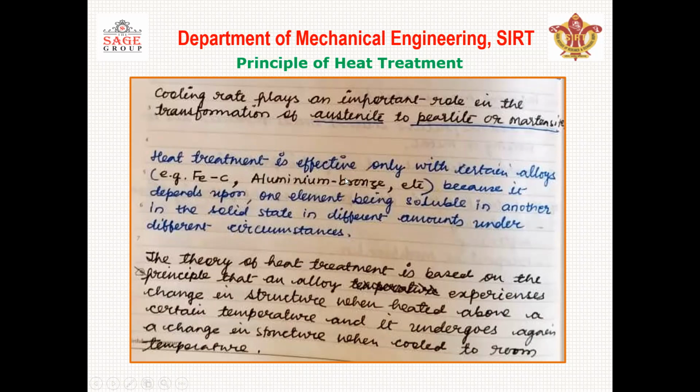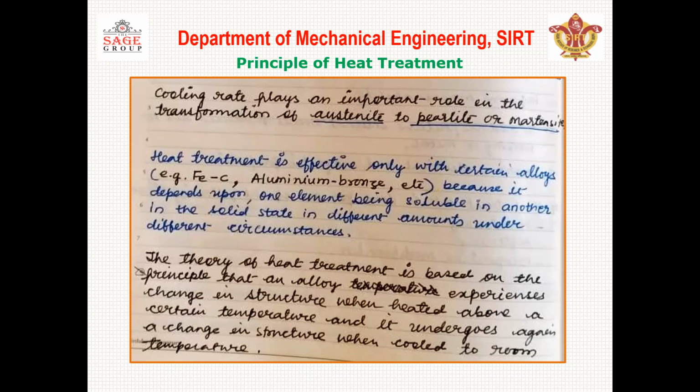Heat treatment is effective only with certain alloys. In the definition, we saw that heat treatment is the operation or combination of operations involving heating, holding, and cooling of metal and alloys.